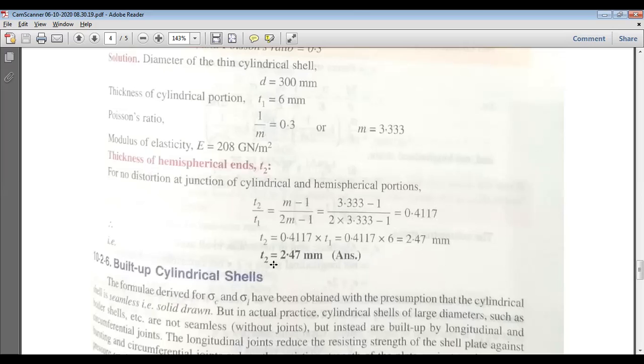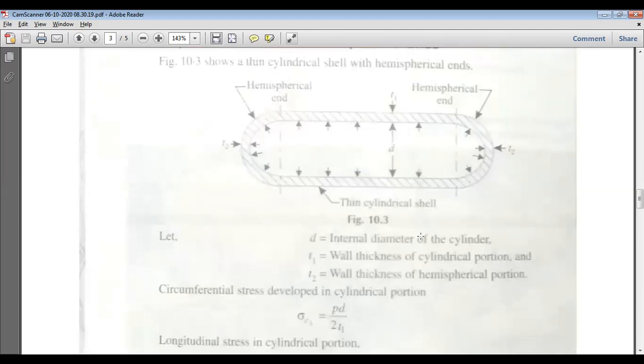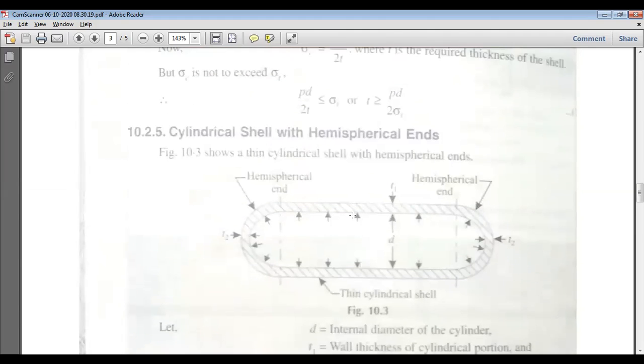That means the thickness of the hemispherical ends, T2, is 2.47 millimeter, and T1 is the wall thickness of the cylindrical shell. So we have got thickness T1 as given, and similarly we have calculated the thickness T2 of the closed or hemispherical end.